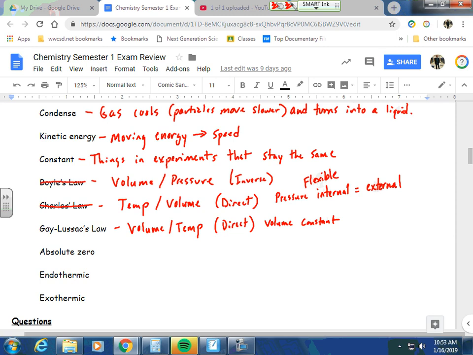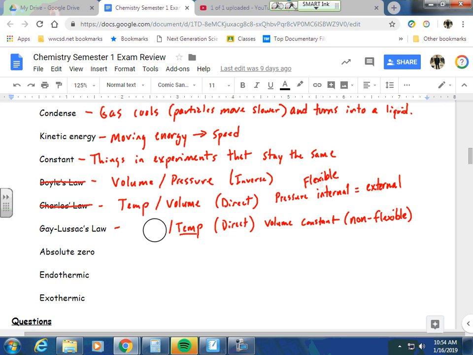So Gay-Lussac's law is a relationship between pressure and temperature where the volume is constant. When the volume is constant, it means it's a non-flexible container. That means the sides do not move. It's rigid. So if we have a gas in a rigid container and we increase the temperature, I wrote the wrong thing here. Sorry.